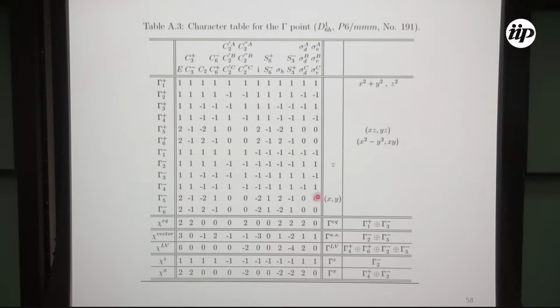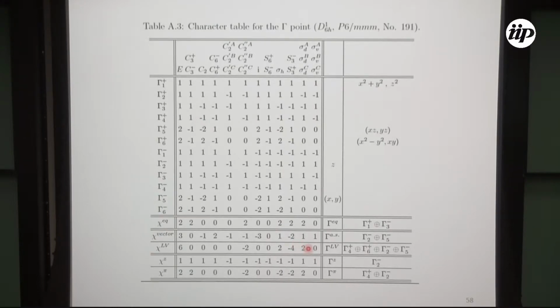If I do the sum of these two rows here, I have the vector representation, which, as I told you, is gamma 2 minus plus gamma 5 minus. Now, the direct product between these two rows gives me the lattice vibration representations.